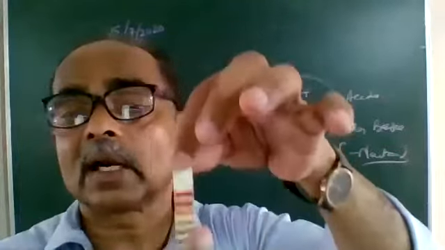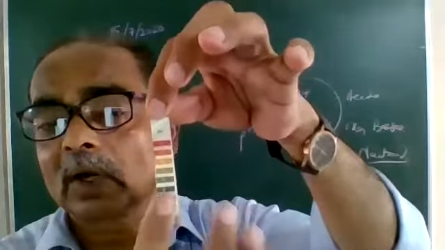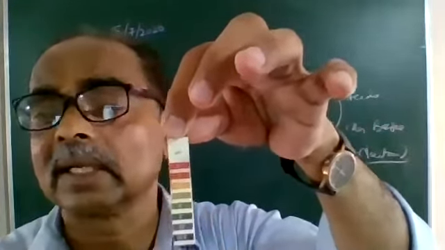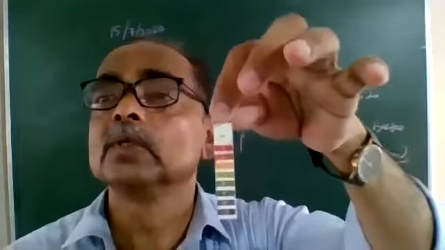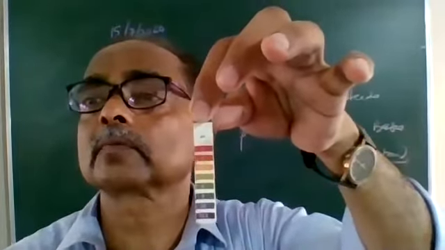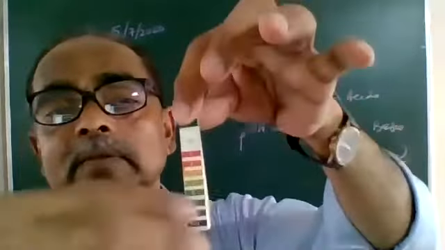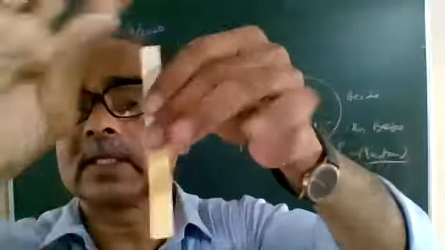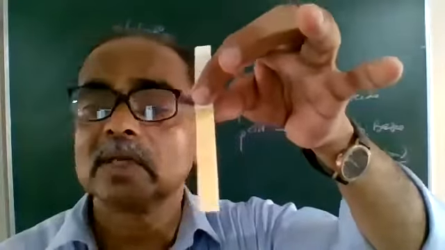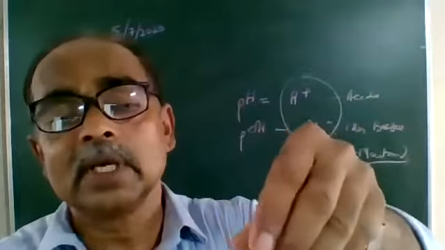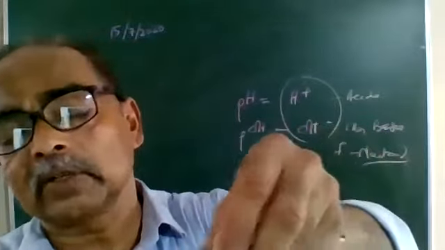You can see the color is going from red onwards, and you can see somewhat like 7. This is a dirty greenish color that is coming. So, this is a pH paper, this is the chart. Understood? If you put distilled water onto the pH paper, the color of the pH paper changes into this 7.